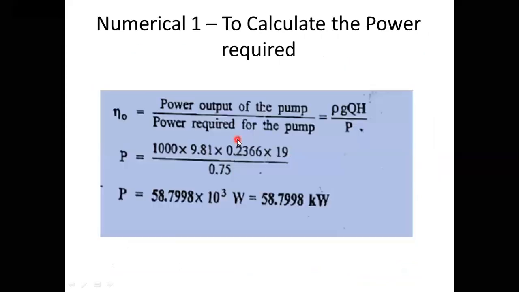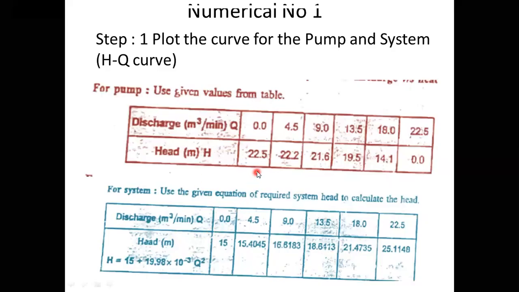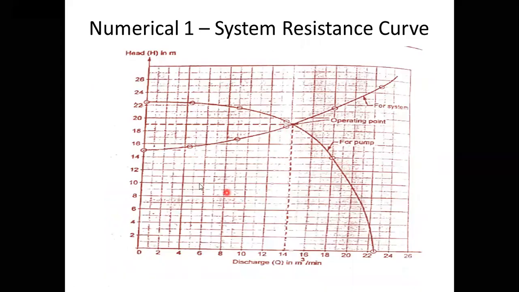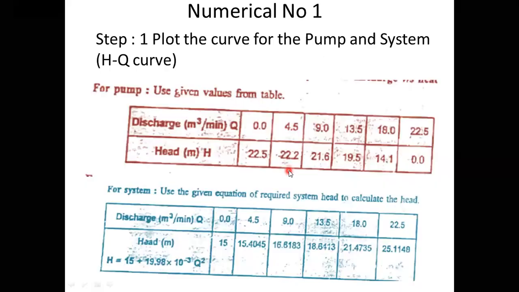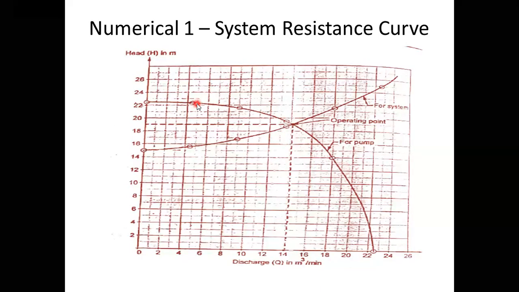Let me show you here. Let's say I have to plot discharge 4.5 and head 22.8. So discharge 4.5 is somewhere here, and you have to plot the head, 22 point something, so it is 22.2. Accordingly, we can pull out every point from the two tables, and you will get two curves, one for the pump and one for the system.